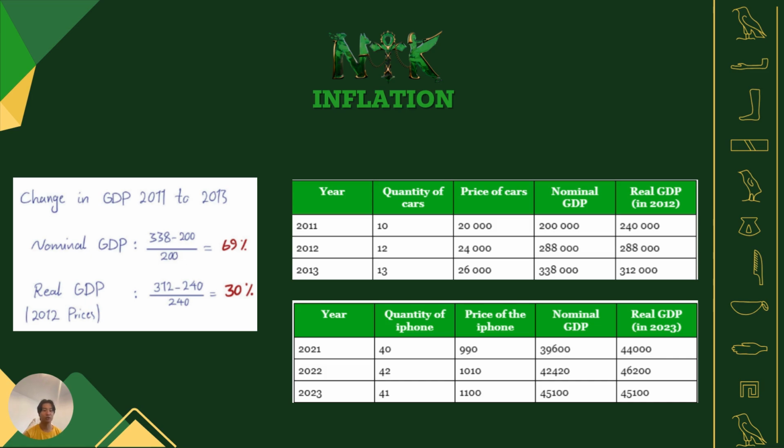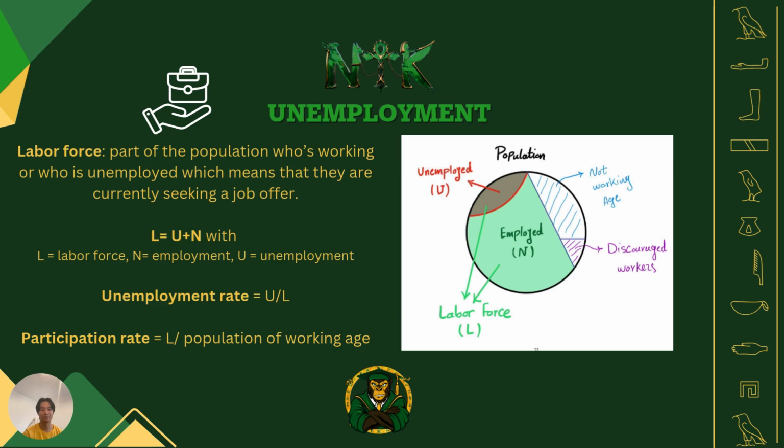And for the real GDP, it's basically the same process as well. The real GDP of 2013 minus the real GDP of 2011, and everything over the real GDP of 2011. So here are two examples you can do as an exercise.